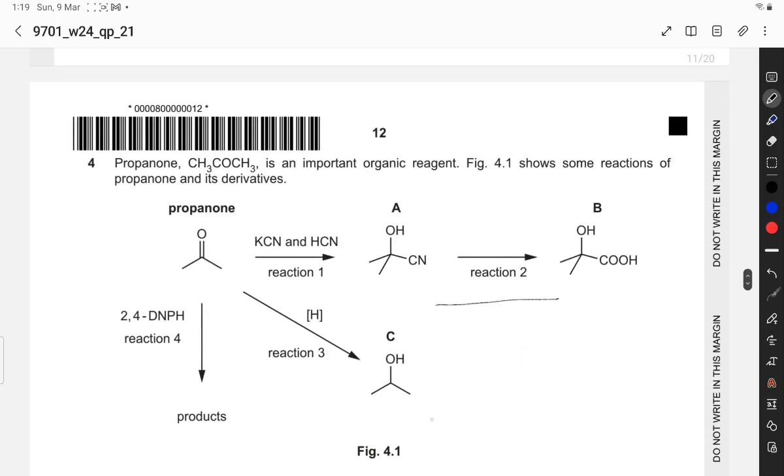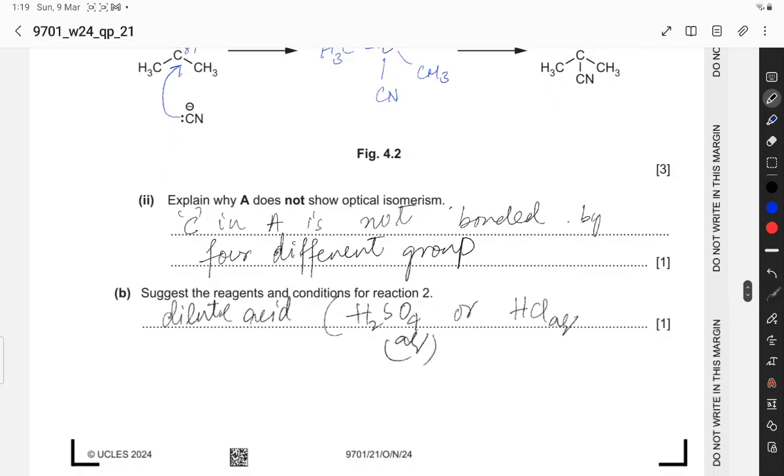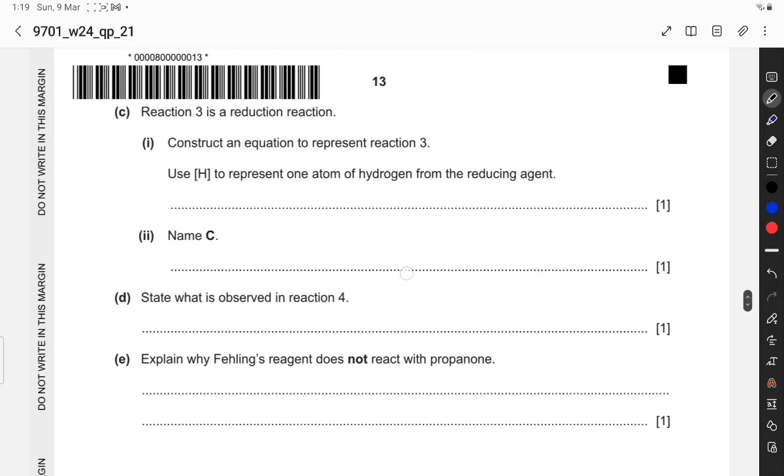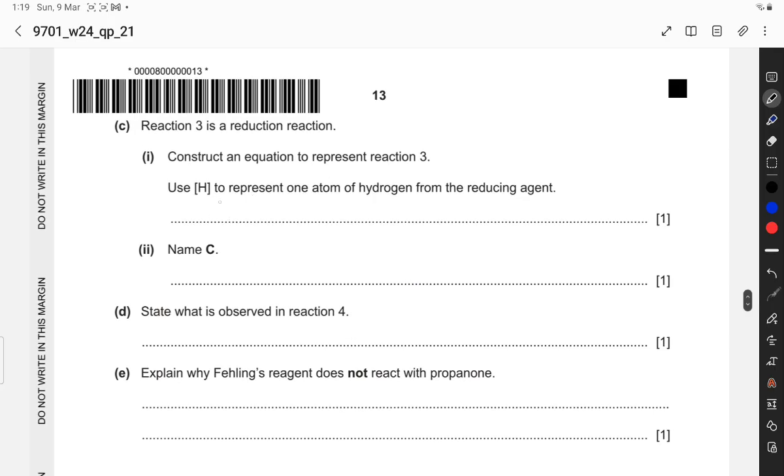So this is propanone, CH3COCH3, plus hydrogen to form CH3CH(OH)CH3. This is a secondary alcohol, propan-2-ol.